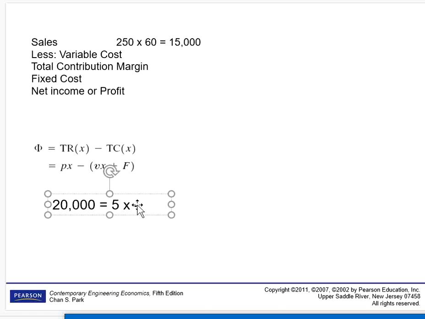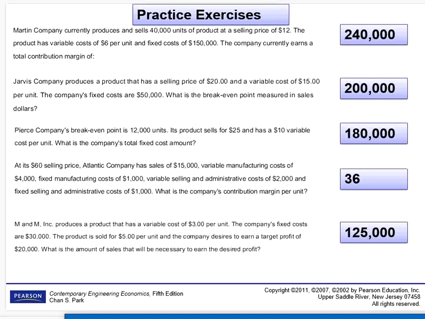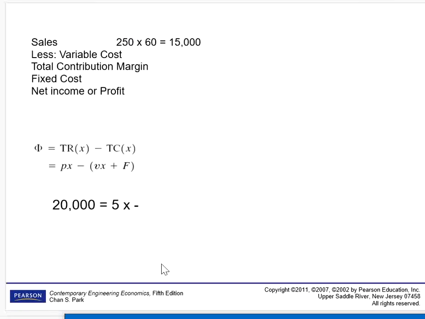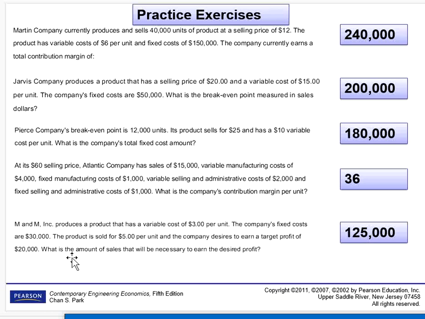Again you need to look at it here. What is V? Variable cost is 3, so minus 3x, minus F, which is the fixed cost. What is the fixed cost? We can find out from here. Fixed cost is 30,000.